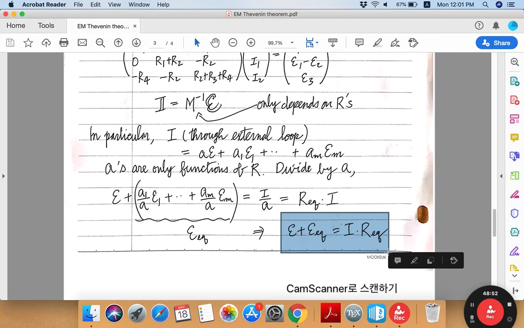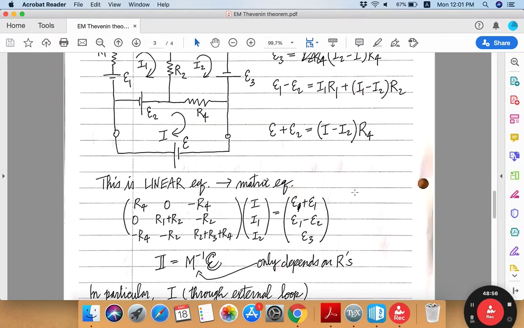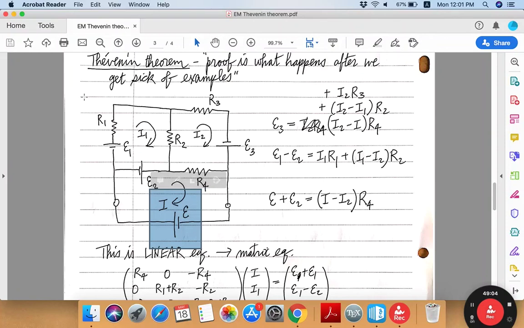Okay, so what's the meaning of this? Well, the meaning of this is that we have this thing coupled to some black box of an electrical circuit.